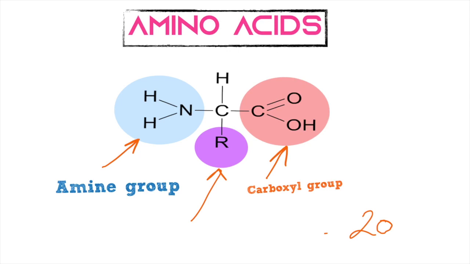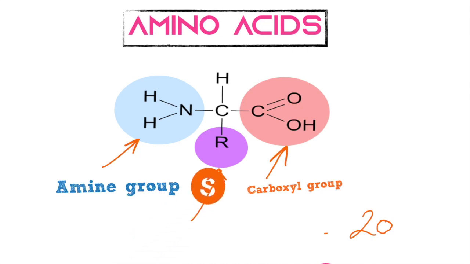We could actually classify those 20 amino acids into four major categories. Some amino acids are charged positive because of the presence of a positive group in its R group. Some other amino acids are negative. Amino acids could also be hydrophobic if the R group is made up entirely of carbon and hydrogen.